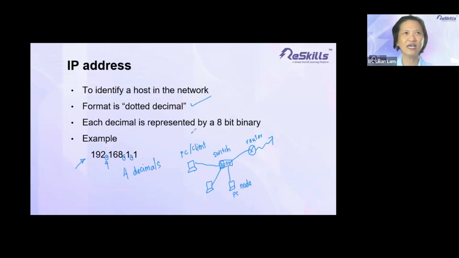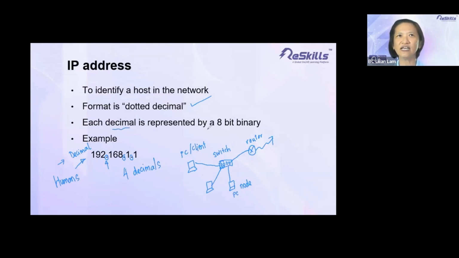Now, even though it's written in decimal, it is so that it is easier for humans to read. It is for human readable purposes. But for the PC, or inside the computer or any of these network devices, the devices read it as a binary number.